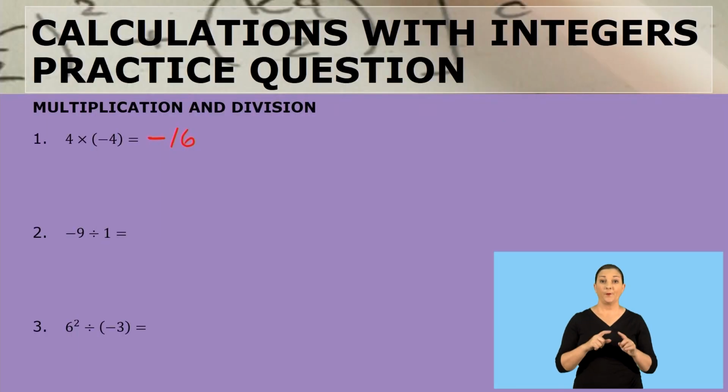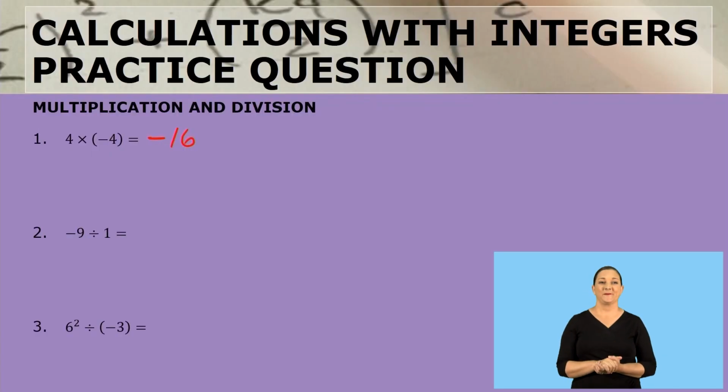Let's look at number 2. So now I have a negative 9 divided by a positive 1. There's two things that you can think of here. We are dividing a negative number with a positive number. And also, that particular positive number is a 1. So remember, you can also think of those properties of 1 and you would know what the answer is going to be there.